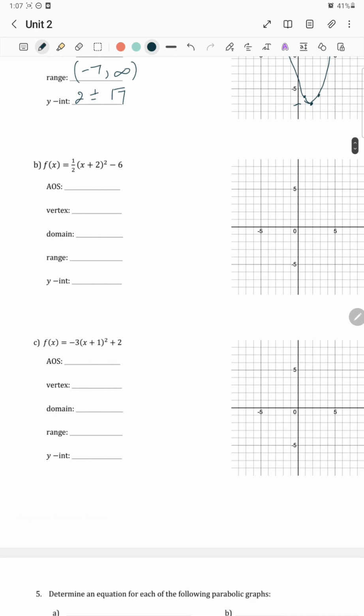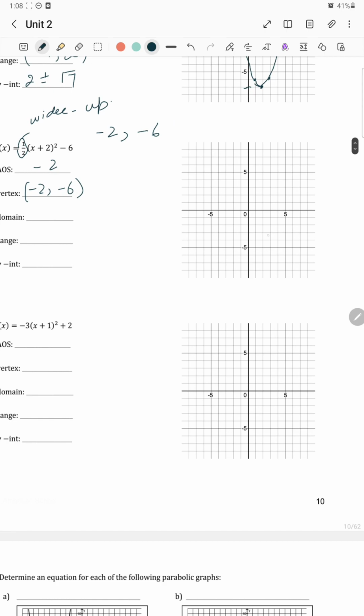Okay, for this one, h is minus 2. Now 1 by 2 means wider and positive means upward, wider and upward, so minus 2, minus 6.